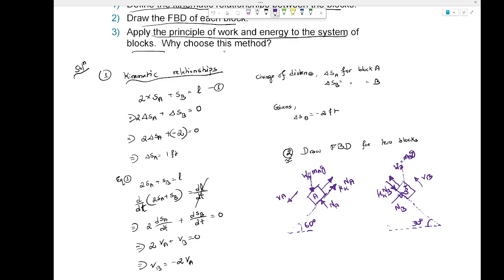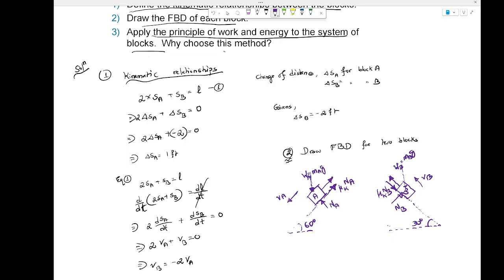Okay. Now, if I want to say, can you find the value of NA and NB? Can you do that? The easiest way could be the convention of x and y direction. I would say go the x and y direction for both of them separately, along the normal force direction.